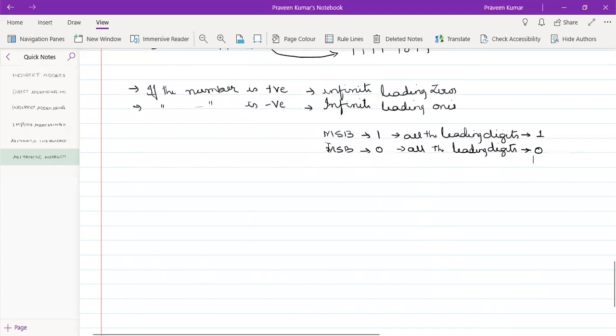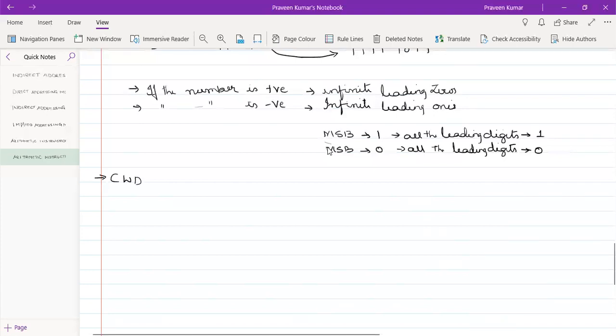If I want to extend the negative numbers, then the extension is done in the 2's complement form, so we are using the 2's complement representation. So all the negative numbers will have a leading 1. So the next instruction we'll be having is CWD.